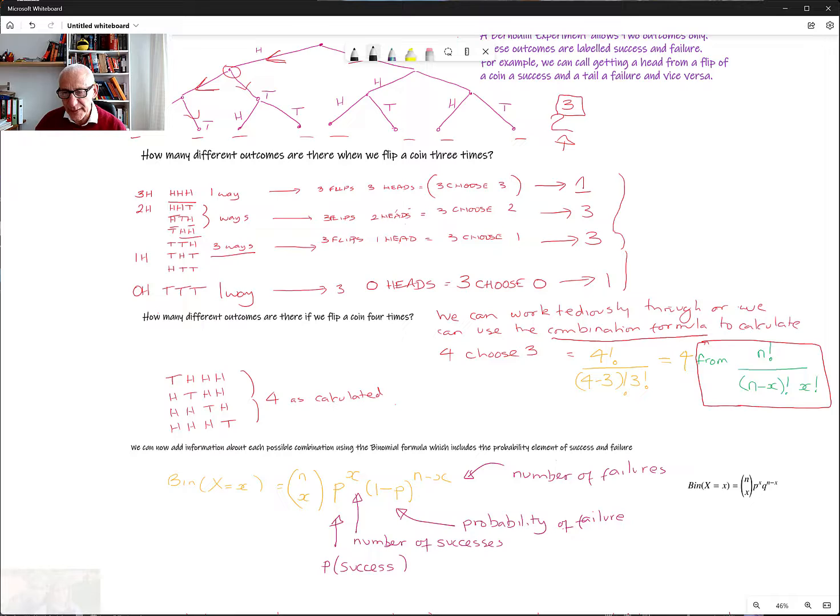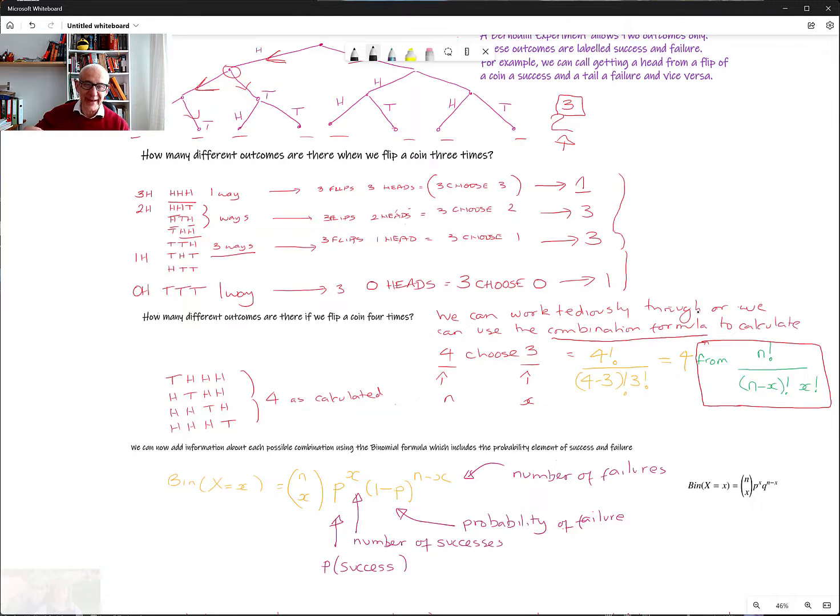Underneath in the denominator you've got n minus x factorial, and then you've got x factorial. That formula comes from a place where we're not going to look for now, but you can find it in the textbook. So, for example, if you chose 4 choose 3, n is equal to 4 in this case, and x is equal to 3.